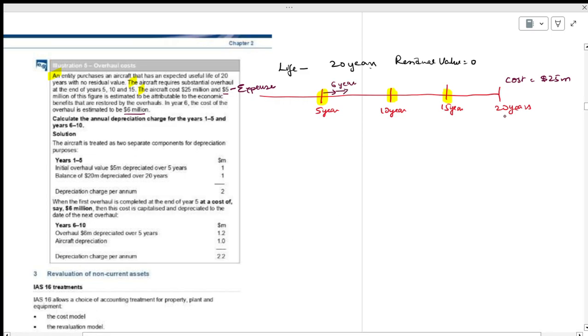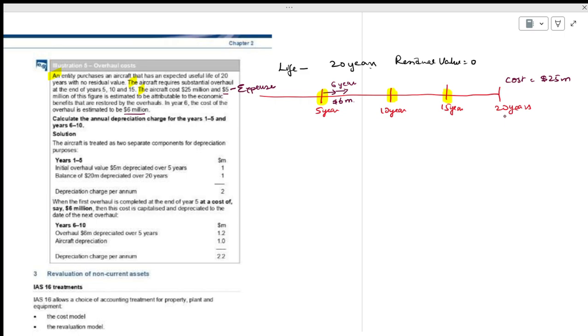How much are they spending? 6 million. Now, so many things are involved.